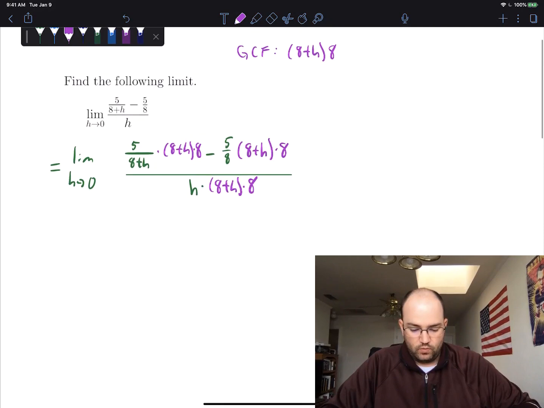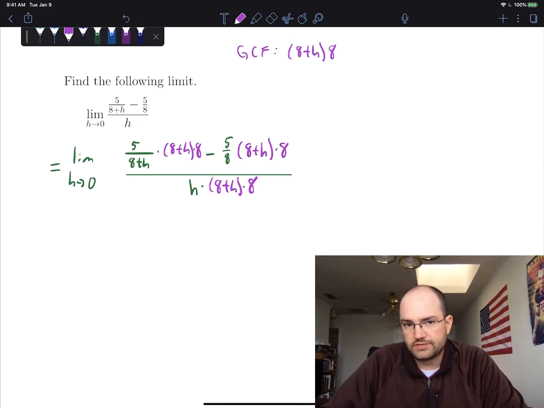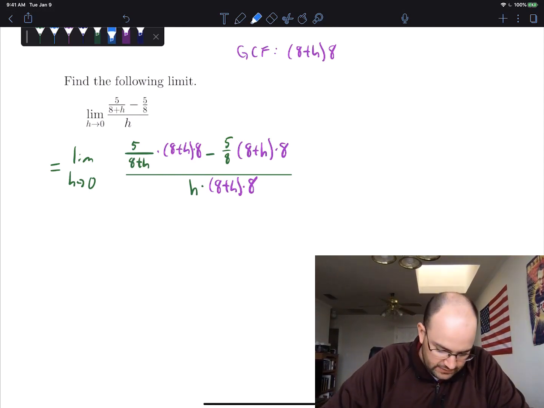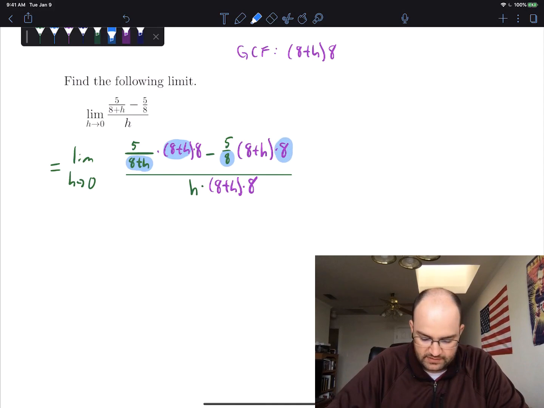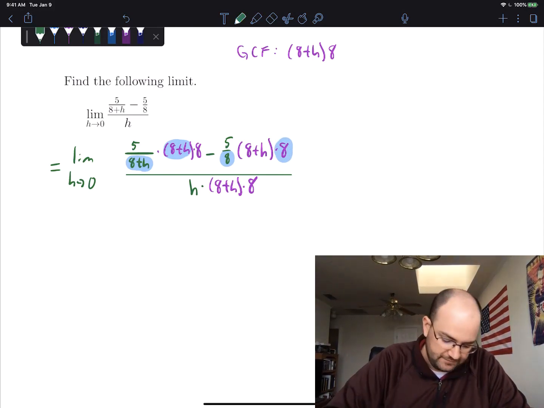Okay, now, what did this just do for us? This makes it look a whole lot worse, doesn't it? Well, actually it doesn't. It actually makes things easier on us because if you notice, this denominator cancels with that right there, and this denominator cancels with that right there. They're all gone. So let's write down what we have left from this.